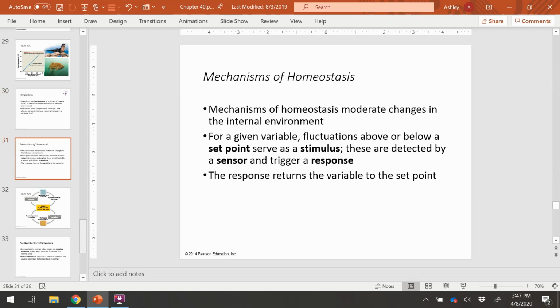And how do you do that, you might ask? Well, first, the body must be able to register a fluctuation, an increase above or below a set point. This will be a stimulus that starts the alert, which then needs to be detected and responded to.